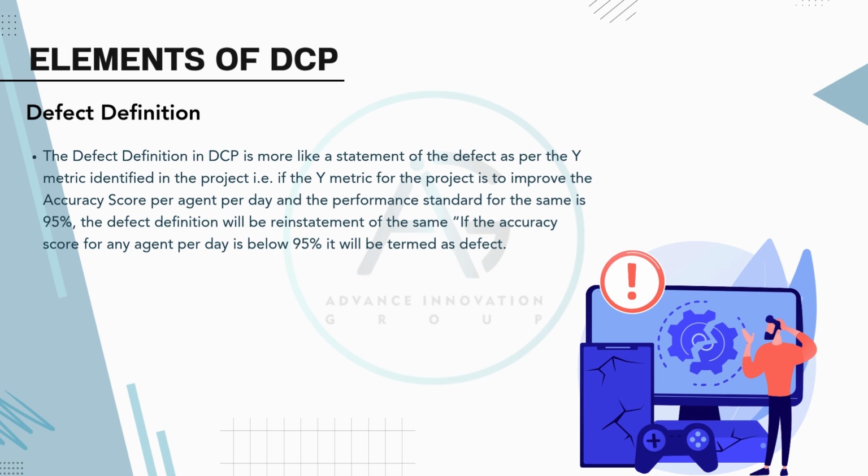Without a solid defect definition, data becomes unreliable. Misinterpretation could lead to incorrect conclusions and poor decisions. Wrap up by reinforcing that the defect definition links the project's Y metric and performance standard to objective measurement, a foundational element for reliable process analysis.